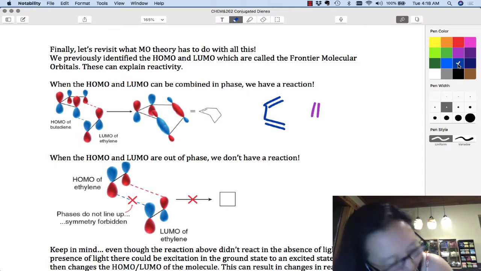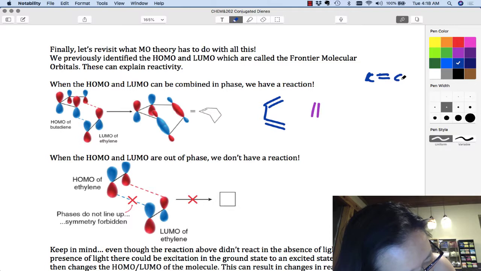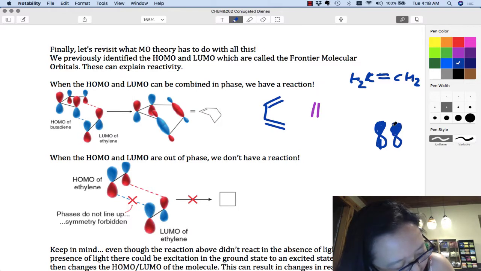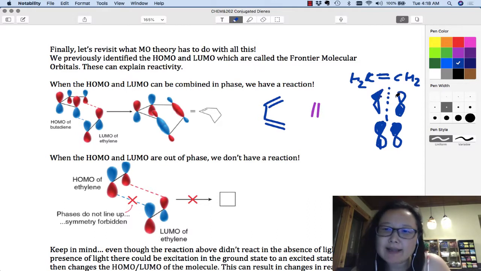And for ethylene, there's just two carbons, right? CH2, CH2. And so for ethylene, it's going to be either two orbitals like this that are aligned, that's the lower energy one, and then with one node, you're going to have the opposite, right? And so this is going to be bonding and antibonding.